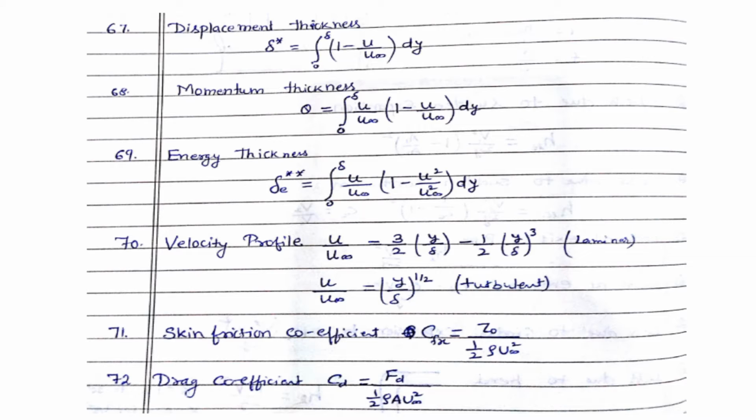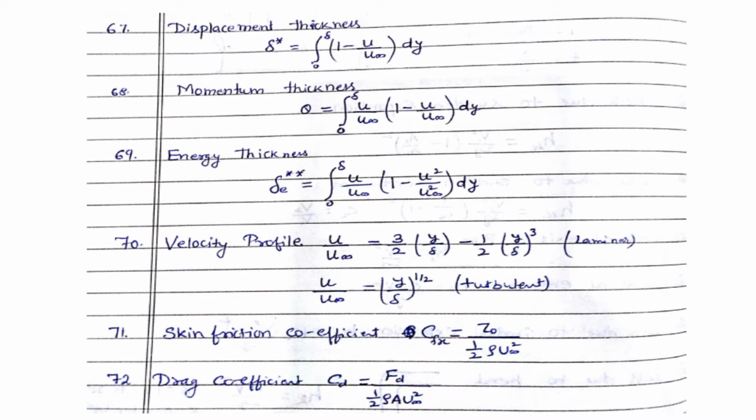Similarly, the momentum thickness is denoted as θ = ∫ from 0 to δ of (u/u∞)(1 - u/u∞) dy. Then the energy thickness is denoted as δE = ∫ from 0 to δ of (u/u∞)(1 - u²/u∞²) dy.